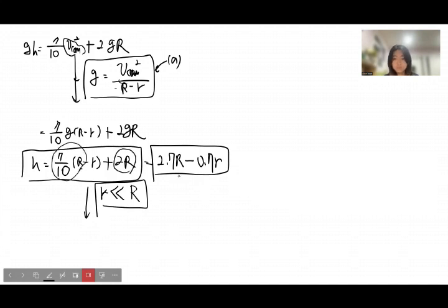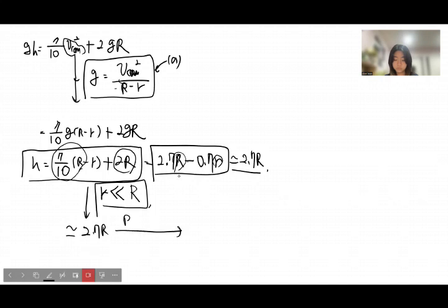So if you plug them together, that should be 2.7R minus 0.7r. Either you can add that number, or it could be approximated, because small r is much smaller than the radius of the track. That should be approximately 2.7R.